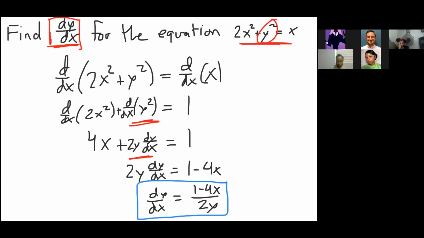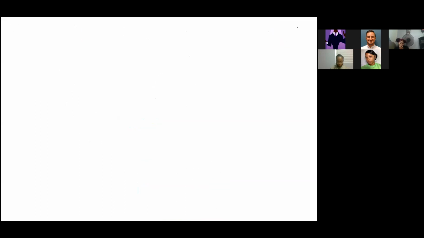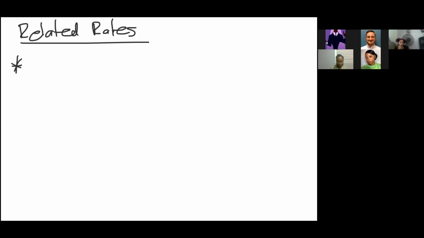All right, so we're going to get on to the application of this implicit differentiation called related rates problems. And I just want to talk about it real quick before we start solving the questions, because again, you should have watched the videos before coming to class today. Okay, related rates problems, we always assume that we're taking the derivative with respect to time.